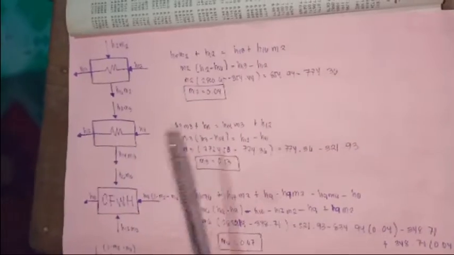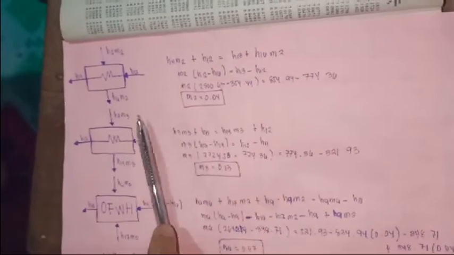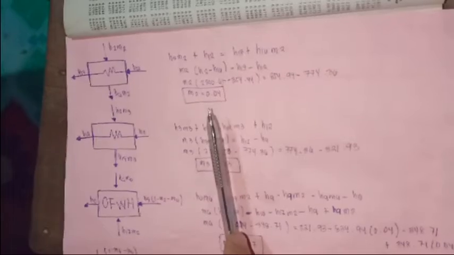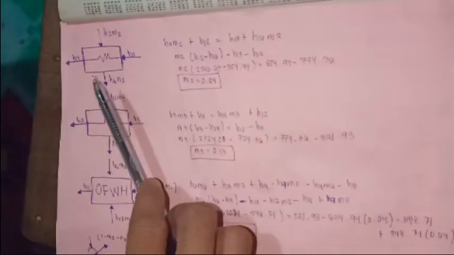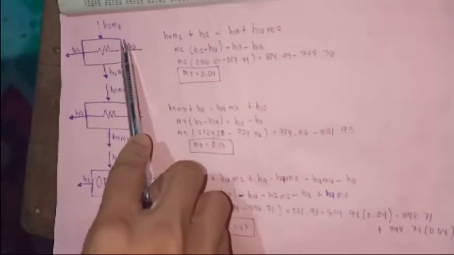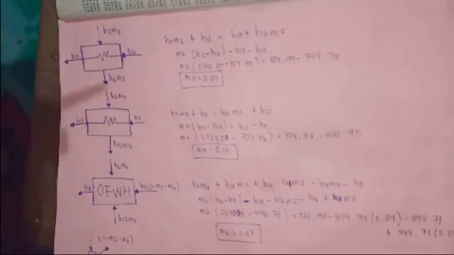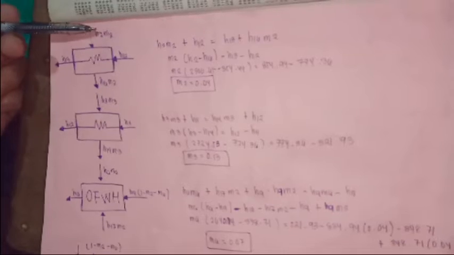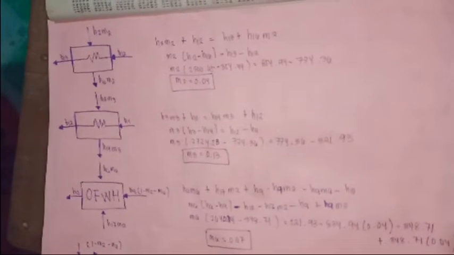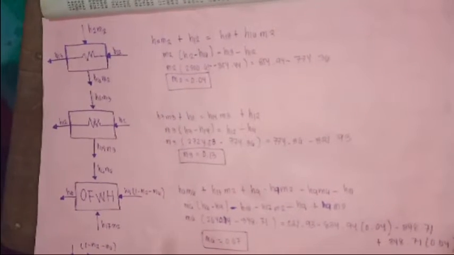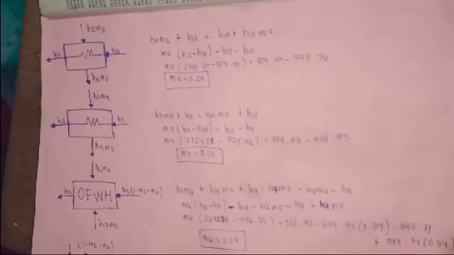So at this point, we should get the values of the masses. We will consider that this one is the closed feed water heater. There's a tube which has the enthalpy and the mass. Let's use the energy balance, where mass in is equal to mass out.